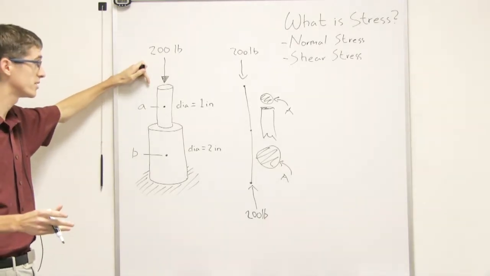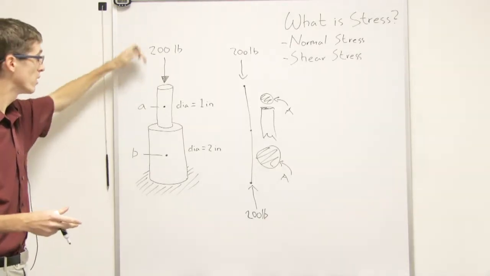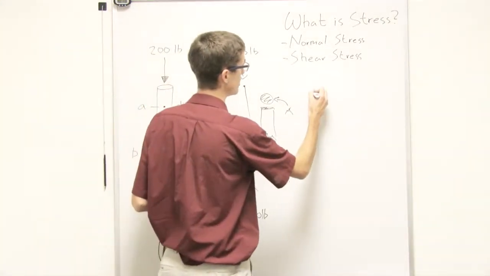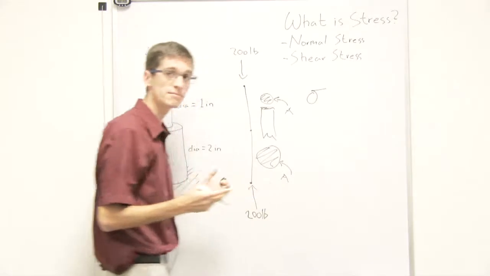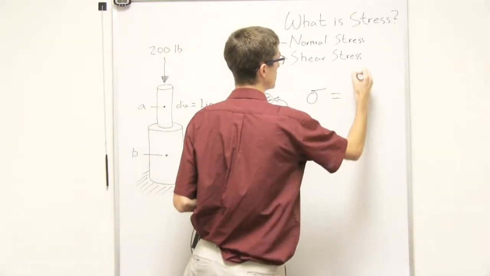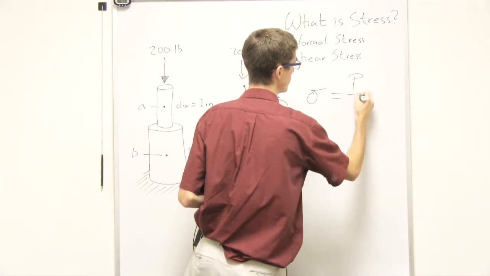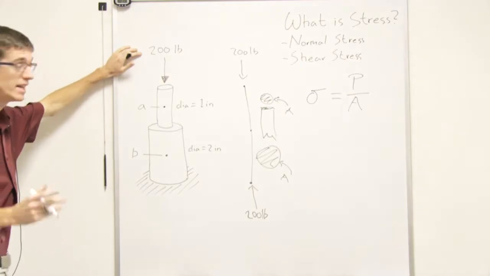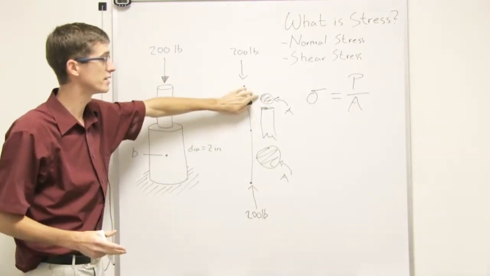We'll talk about shear stress later and what the difference is, but right now we're just talking about this. The formula for normal stress, with the symbol sigma, is sigma = P over A. P is your force, which is 200 pounds here, and A is the area of the cross section right there.